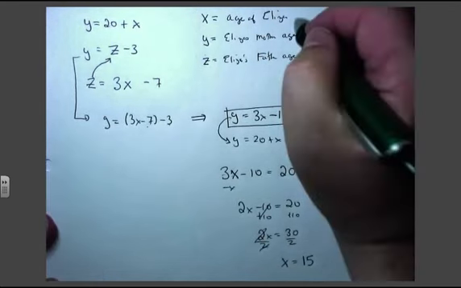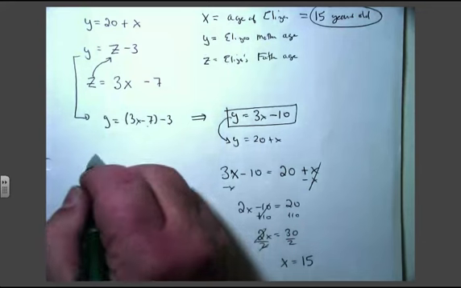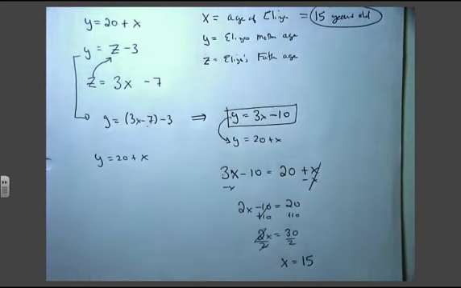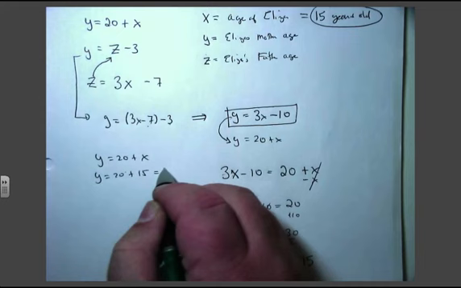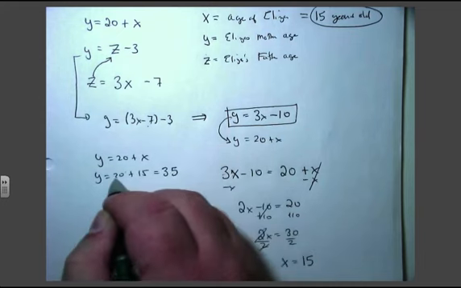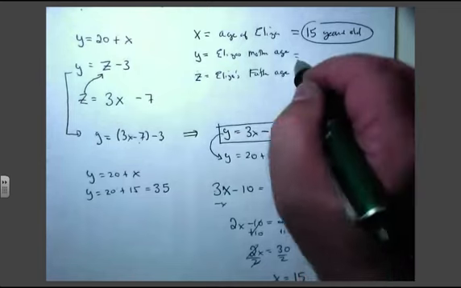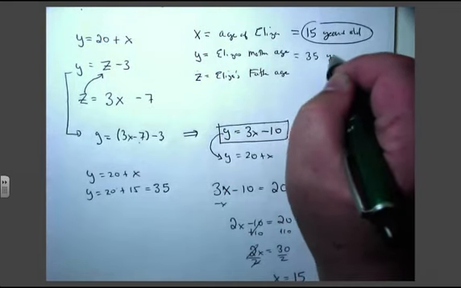Once you have one, you can go and find the other ones. Remember, back substitute. I got y equals 20 plus x. But what was x equal to? 15. So y equals 20 plus 15, which is 35. So Eliza's mother's age is 35 years old.